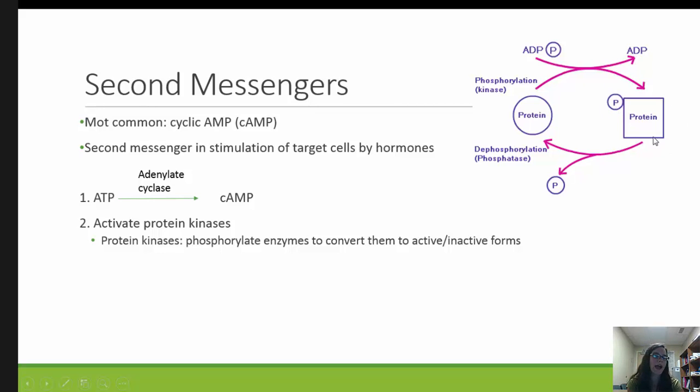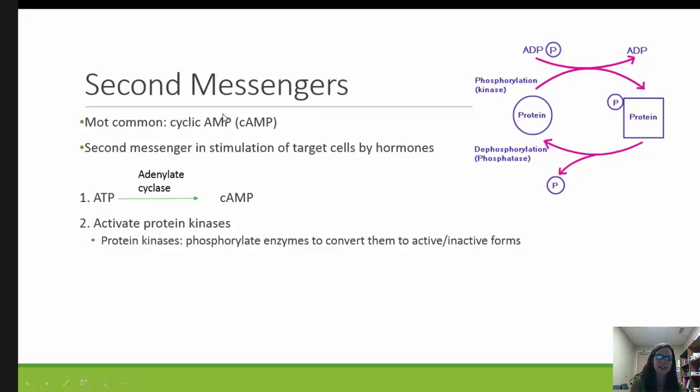Sometimes that makes the protein active, sometimes it makes it inactive. And then, to counter our kinase, we always have a phosphatase, okay? It just does the opposite. A kinase puts a phosphate group on, a phosphatase takes it off. So that's an overview of kinases and phosphorylation, dephosphorylation. We're going to talk about this more.